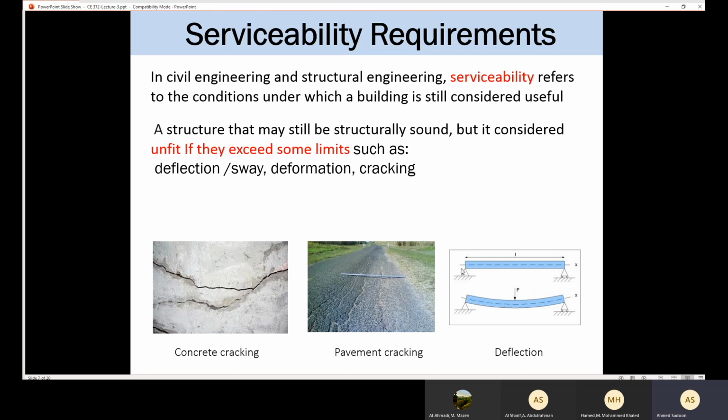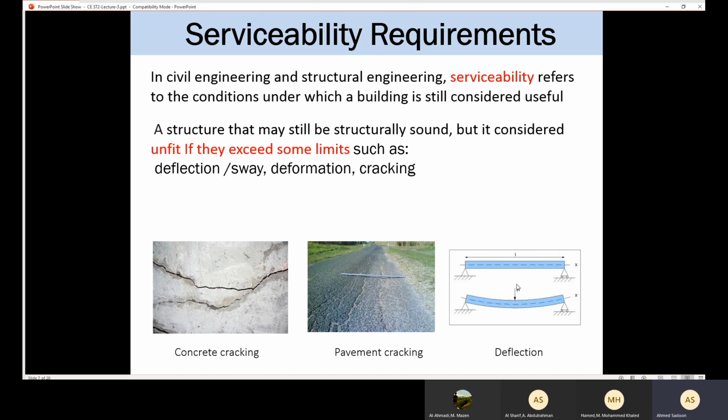We know that here we have a simply supported beam. If we apply a force here, we are going to have deflection. But we have a limit for that deflection. If we exceed that limit of the deflection, the structure is going to be considered unfit, even though the structure can take the load.